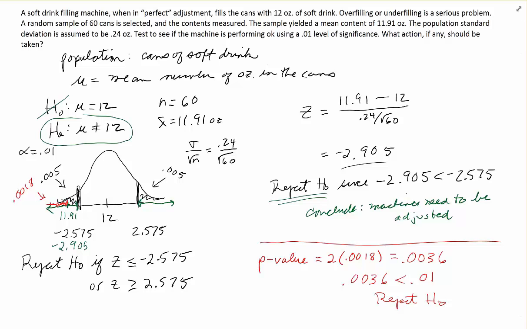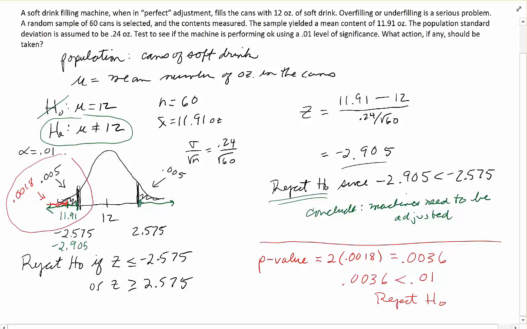To make a little bit of an argument as to why we would multiply this by 2, if you look at the lower end here, that area is 0.0018, and it's smaller than 0.005, and so it is telling us that the 11.91 is further out.